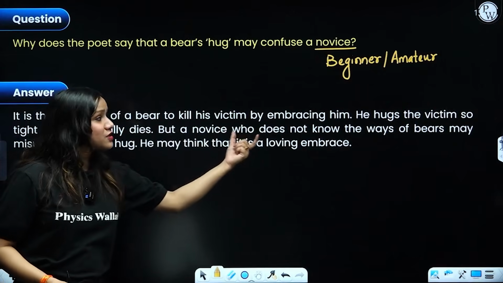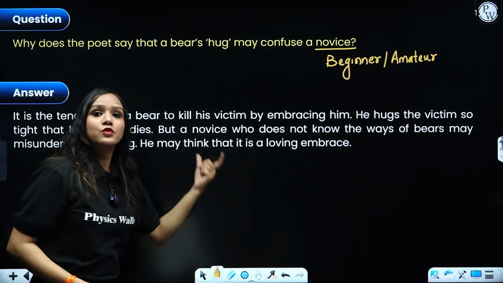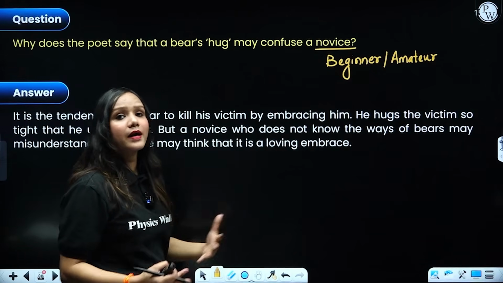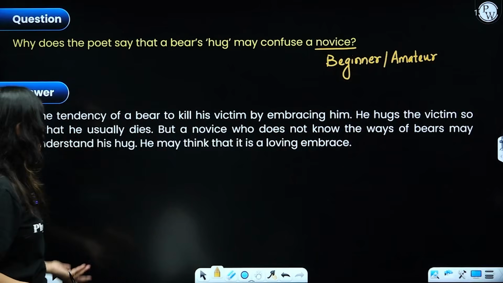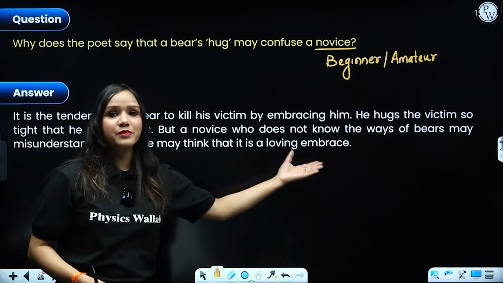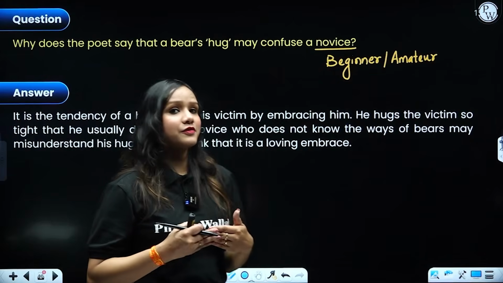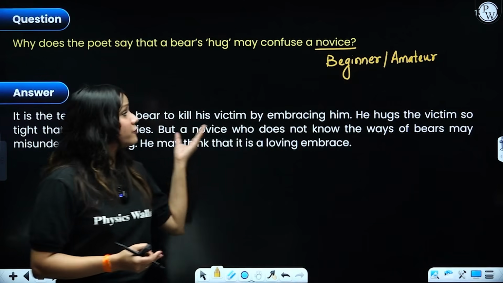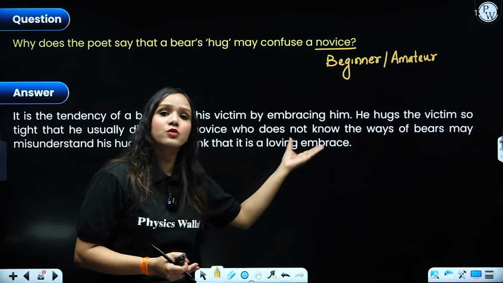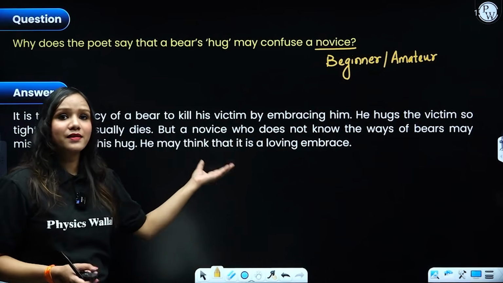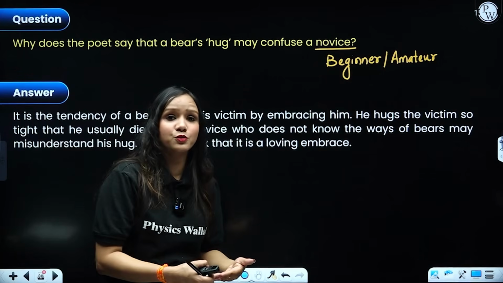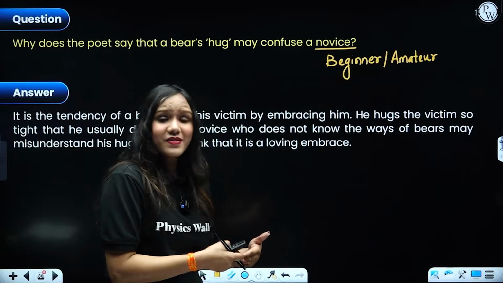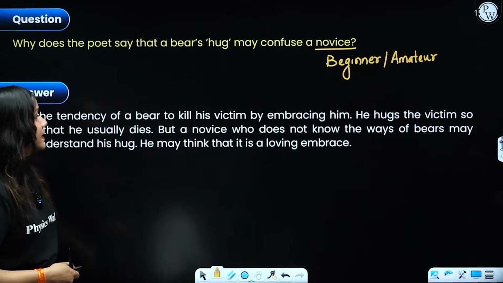But a novice who does not know the ways of a bear, how can he know that the embrace will kill? Eventually, he may think that it is a loving embrace. So if the person does not have adequate knowledge of these animals, of this peculiarity about the bear, how is he going to understand that if a bear starts coming towards you and starts caressing you, you can ultimately die, right?